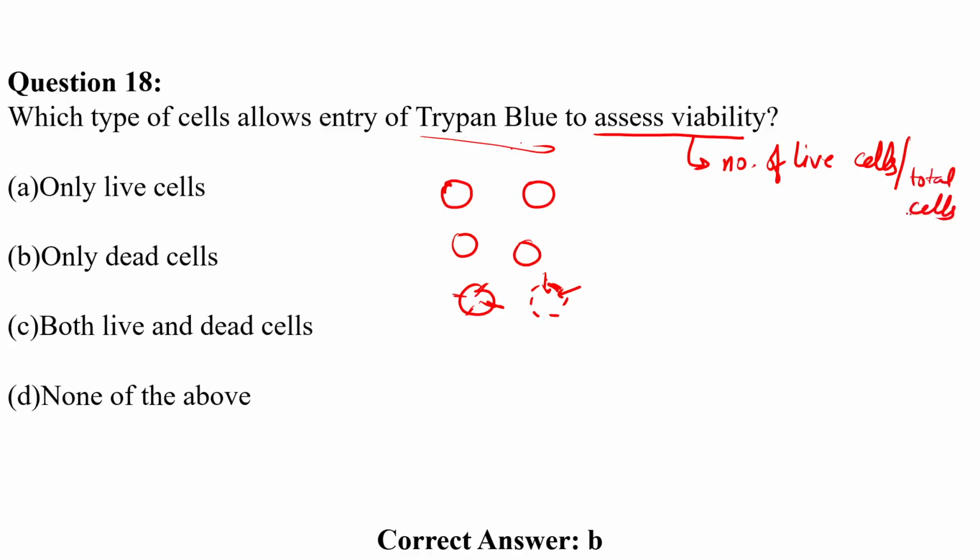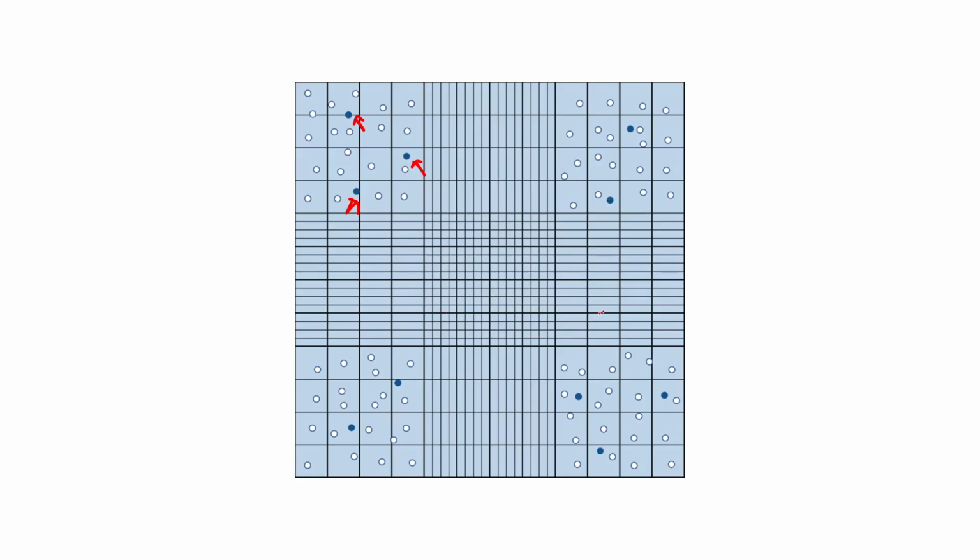Let's say I have 50 ml of culture, and now I want to find out how many cells are live and how many are dead. So I'll take an aliquot out of that 50 ml culture, add trypan blue, and add it to the hemocytometer, which looks like this under the microscope.